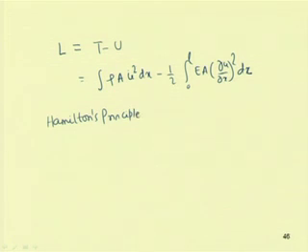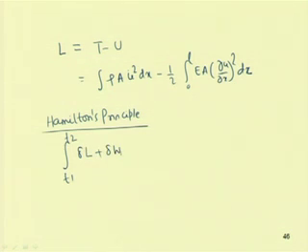If I use this Hamilton principle, you can see that not only the equation of motion, but also the boundary conditions I can get from this. To use this Hamilton principle, as you already know for this continuous system, I can write the integral of del L plus del W N C dt equal to 0, but in this case del W N C, the non-conservative work done, equals 0.